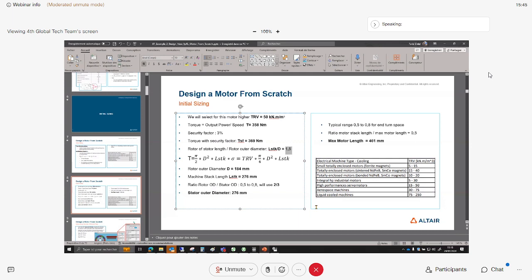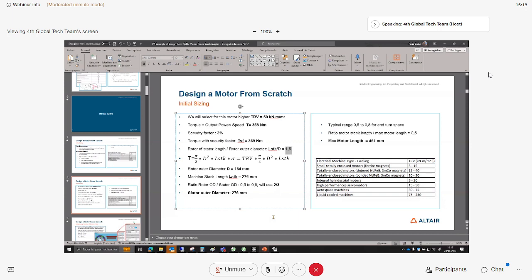So if I put this ratio, I have a simple equation depending only on the diameter, right? Knowing the output torque I need and knowing the TRV, there will be only one unknown, which is the diameter or the length.